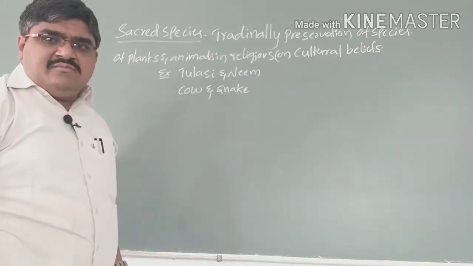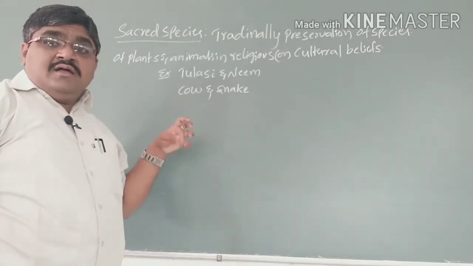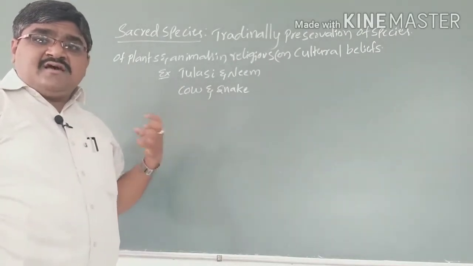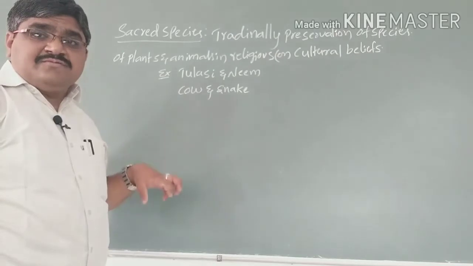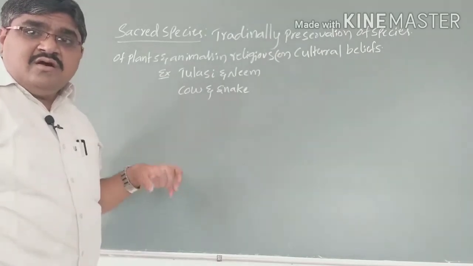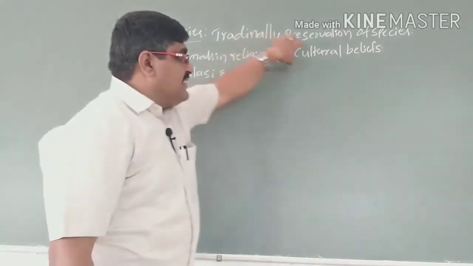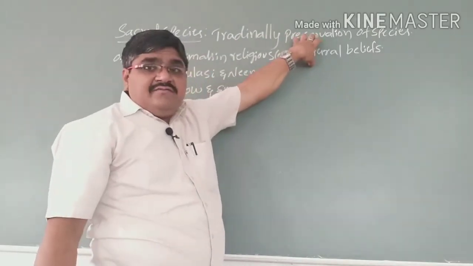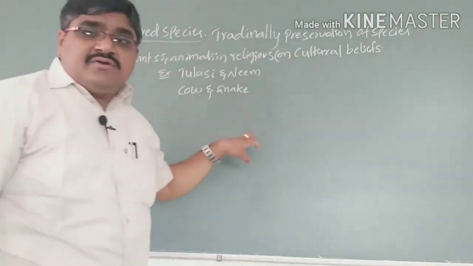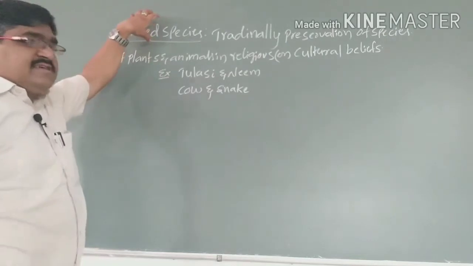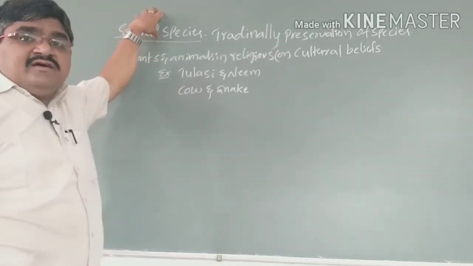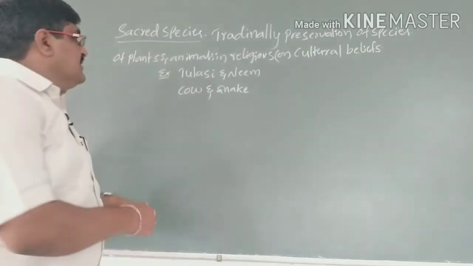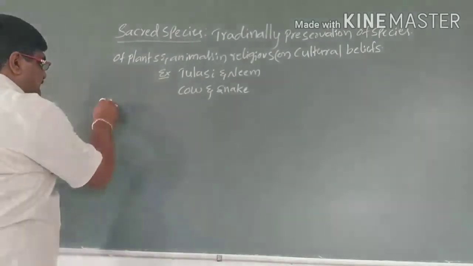These plants and animals are believed to be forms of God, so these species are preserved. Such species, which are preserved due to religious or cultural beliefs, we call sacred species.